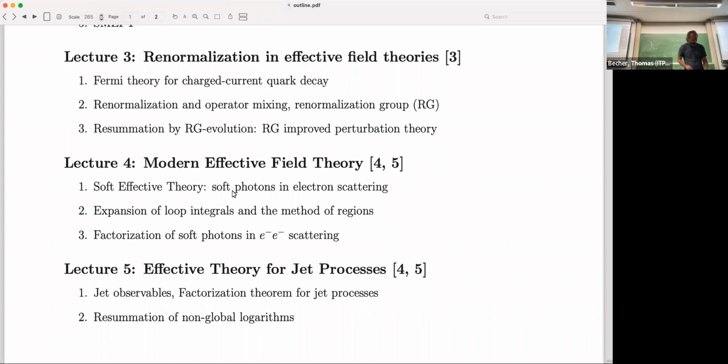And of course, Fermi didn't know about down and up quarks. All he knew was protons and neutrons. So at very low energies, you will not see these down and up quarks. So you can directly write the theory where you have a neutron going into a proton. So basically exactly the same type of operator, but now directly with protons and neutrons.